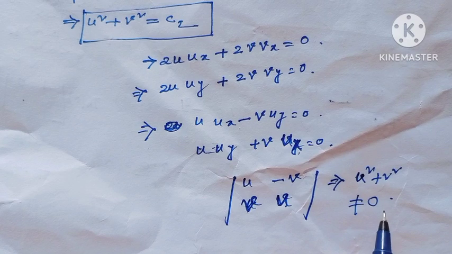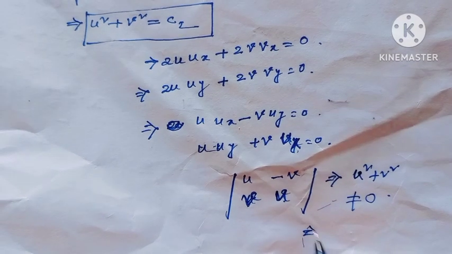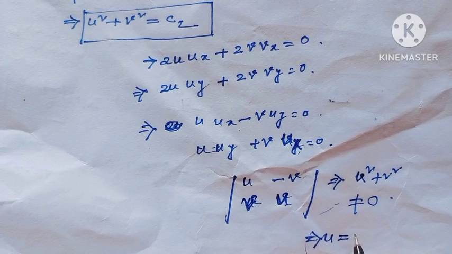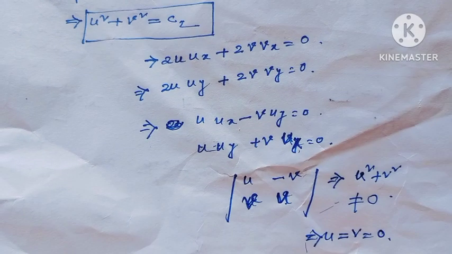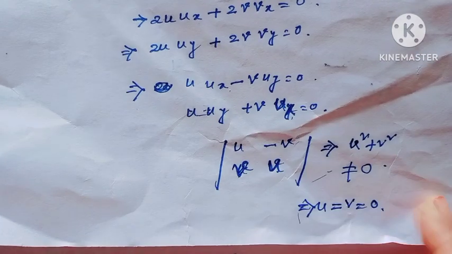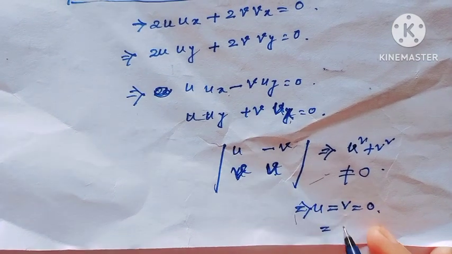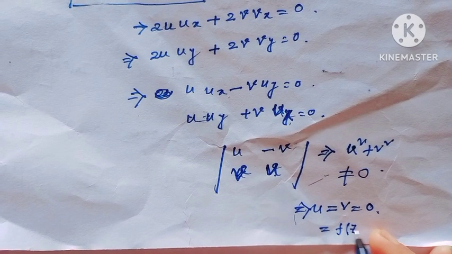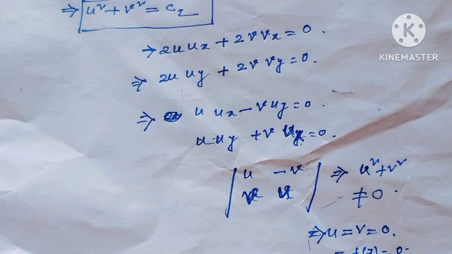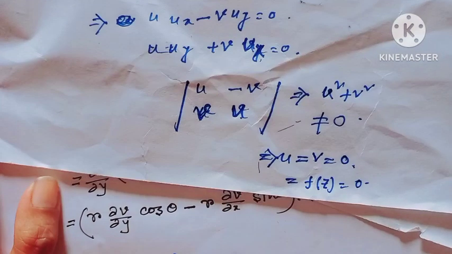Since the determinant is not equal to 0, that means the solution is u equal to v equal to 0. That means f prime z equal to 0. I hope all my viewers have understood this, okay.